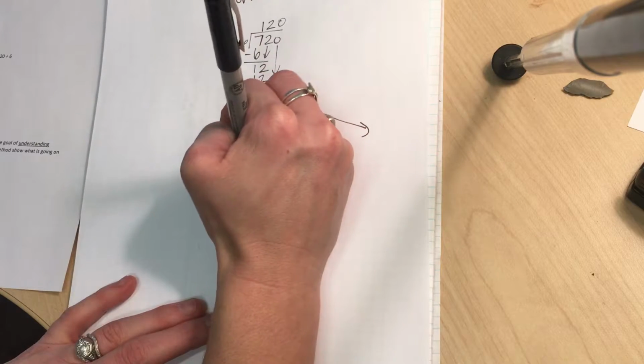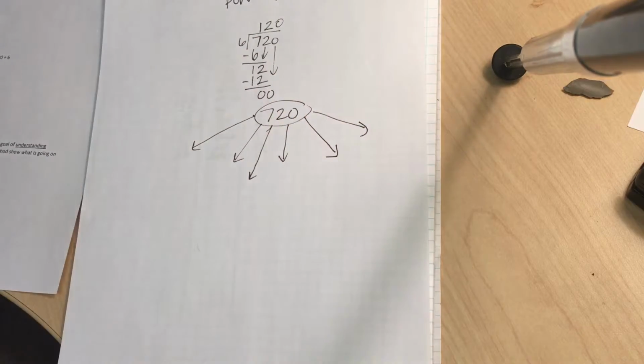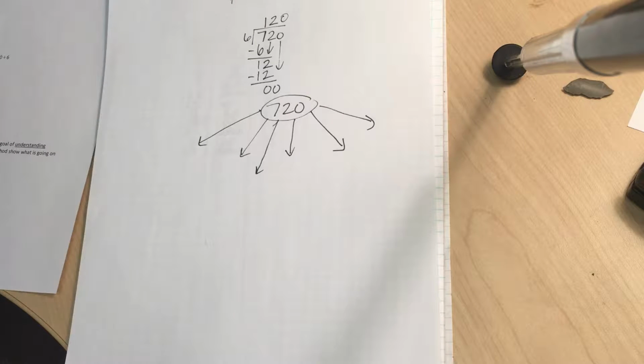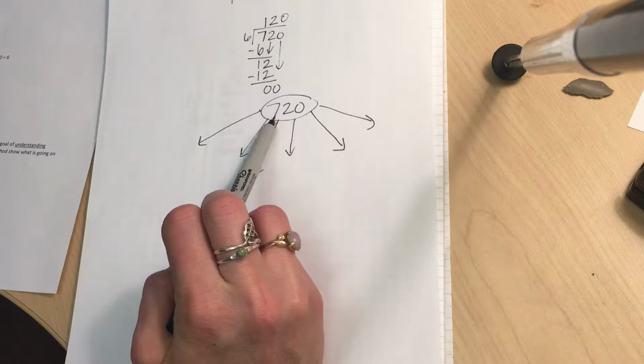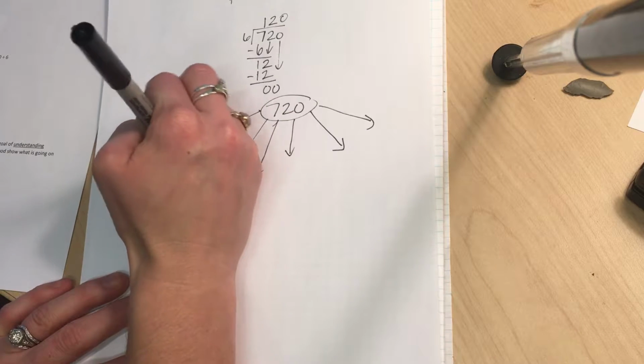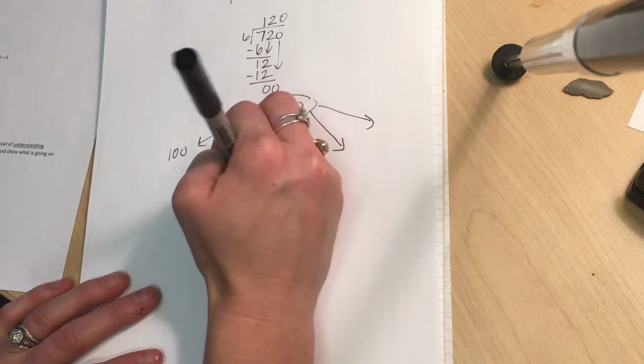So the first thing I might do is deal with 100 at a time. Because I know that I can at least get 6 hundreds, so let's do that. So we'll put 100 in each group.